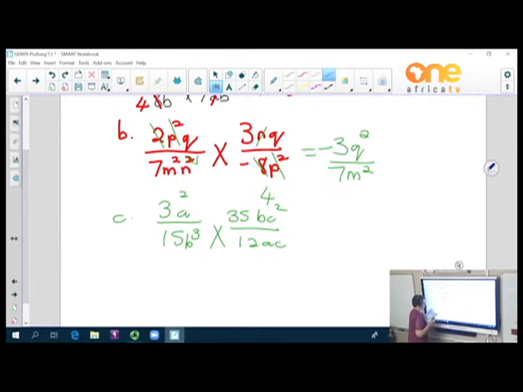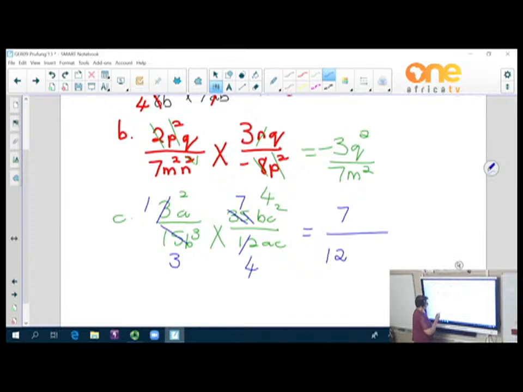And the question is, what can cancel out? So I know that 3 can divide into 12 4 times. I first work with my numbers. 5 divides into this one 3 times and into this one 7 times. So I can write down my numbers. It will be 7 over 12.